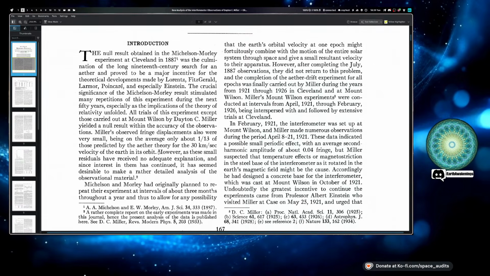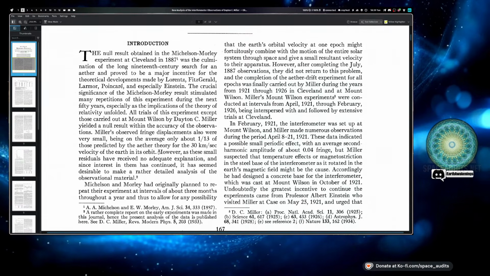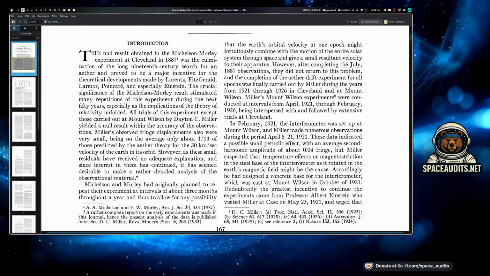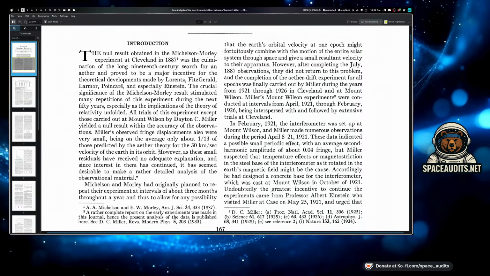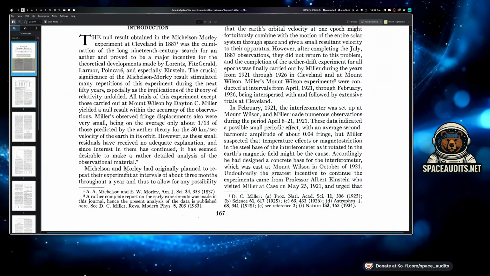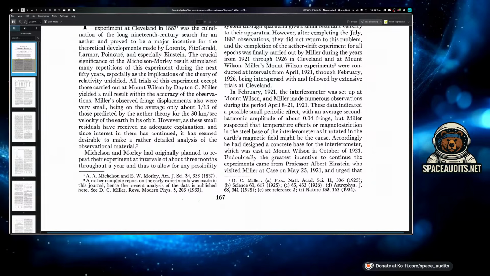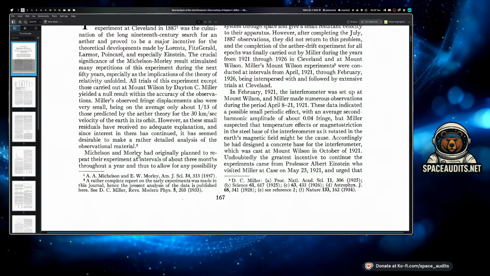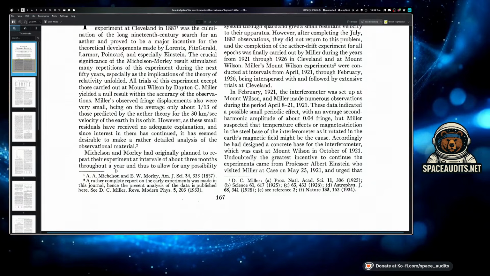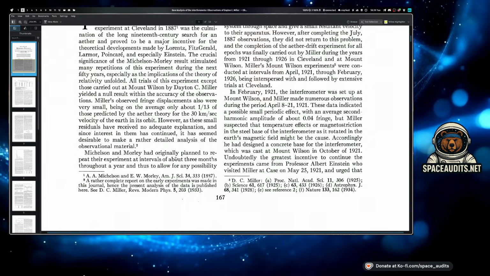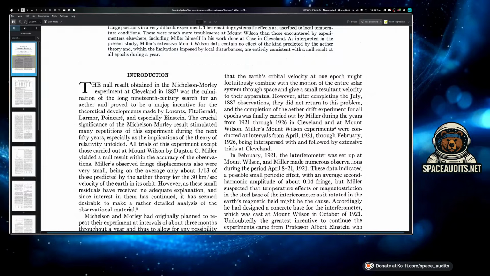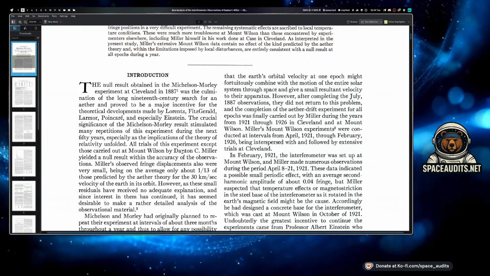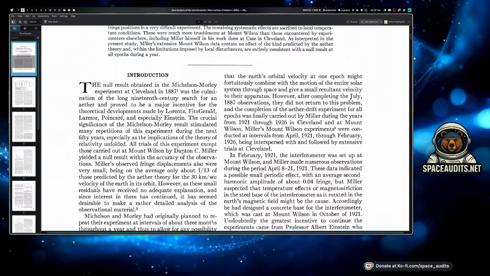So, however, these small residuals receive no adequate explanation, and since interest in them has continued, it seemed desirable to make a rather detailed analysis of the observational material. Michelson and Morley had originally planned to repeat the experiment at intervals of about 3 months throughout the year, and thus rule out the possibility that the Earth's orbital velocity at one epoch might fortuitously combine with the motion of the entire solar system through space and give a small resultant velocity to their apparatus.